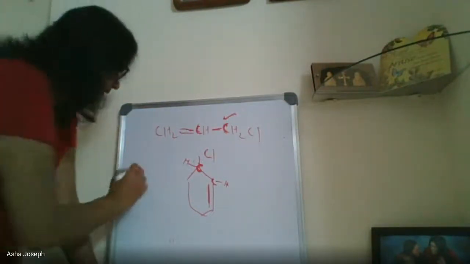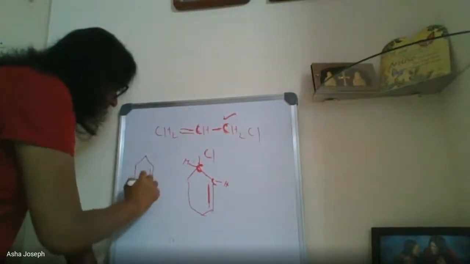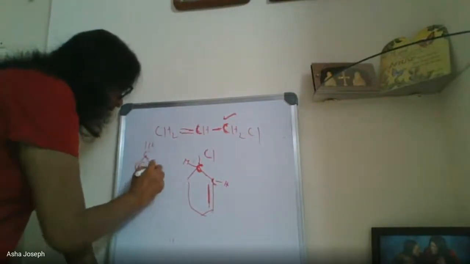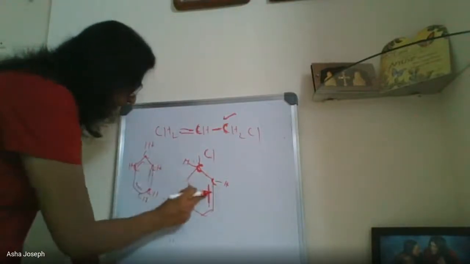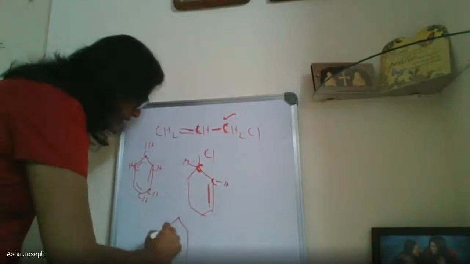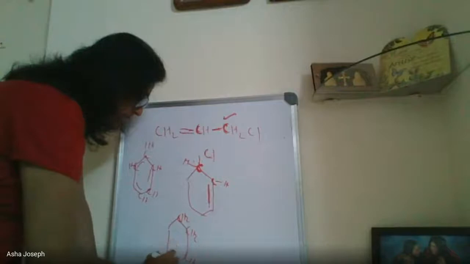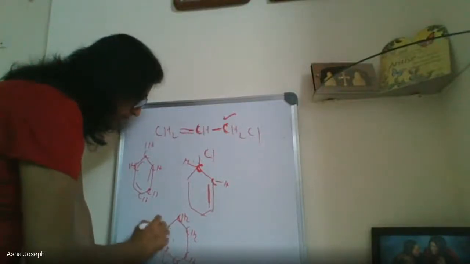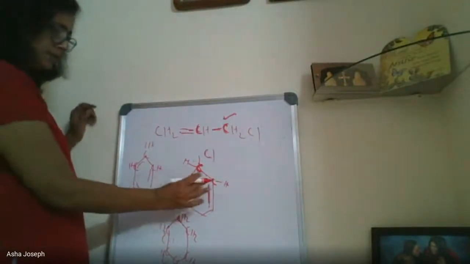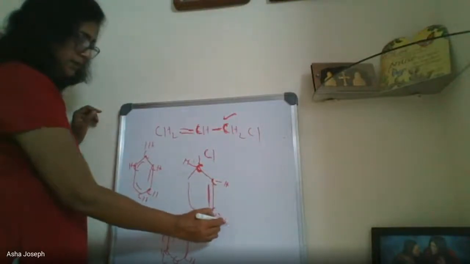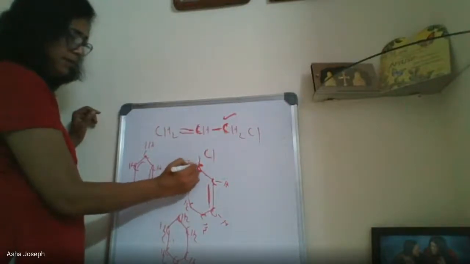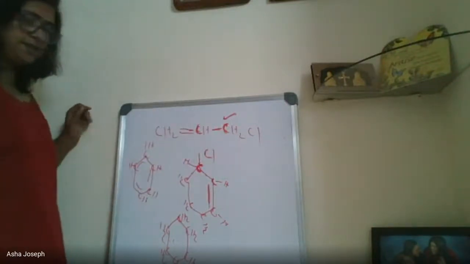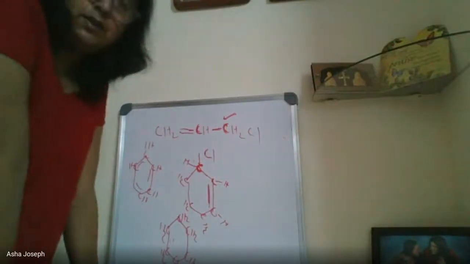In benzene all are CH, CH, CH, CH, CH, CH. Here three double bonds are not there, so I will draw cyclohexane. CH2, CH2, CH2. Here two of these have H. Here CH2 was there, and one H is replaced by Cl. Now the valence is 4. Clear?